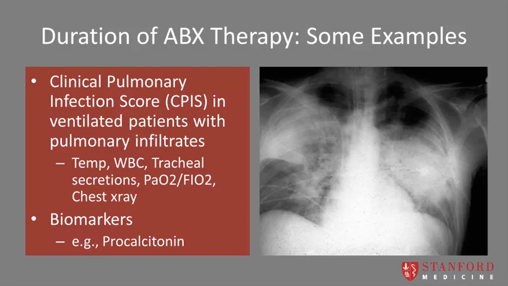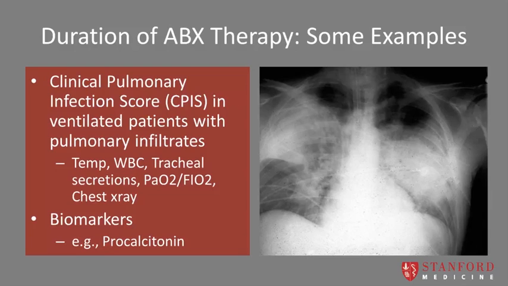The CPIS score takes into account some simple measures such as temperature, white count, tracheal secretion characteristics, the PaO2 to FiO2 ratio, and the chest x-ray abnormalities.